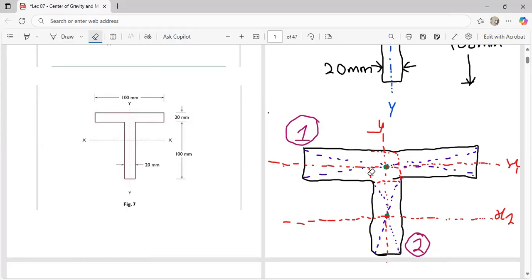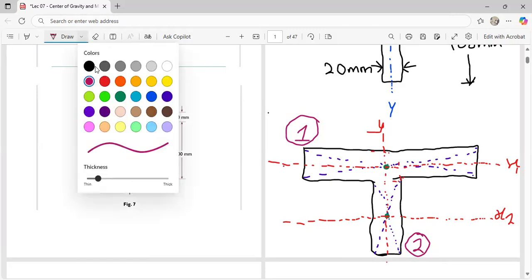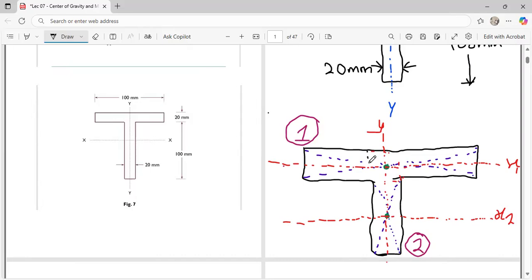Let me quickly take care of that so that understanding can be clear, and then we see how best we can take it from there. I said that the point of overlap is going to be somewhere here.